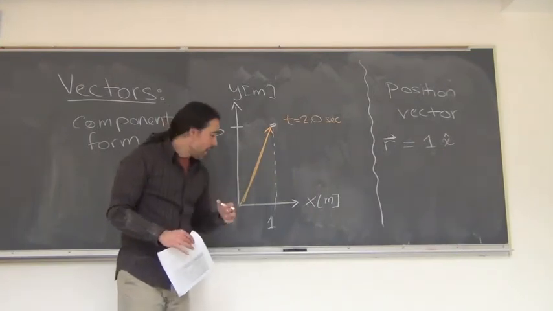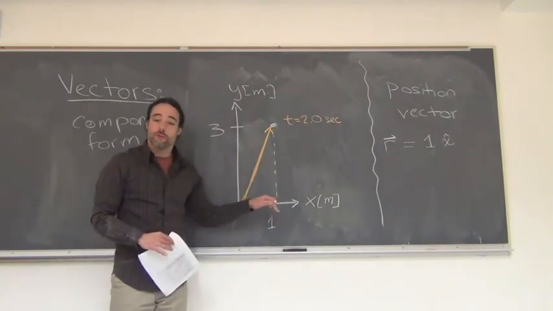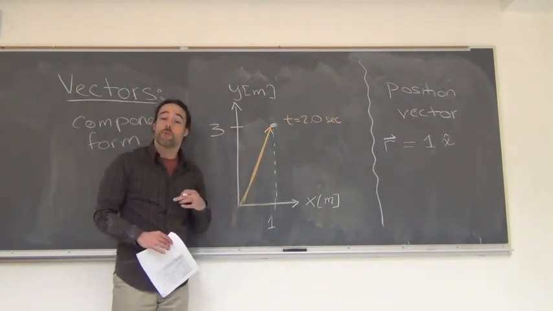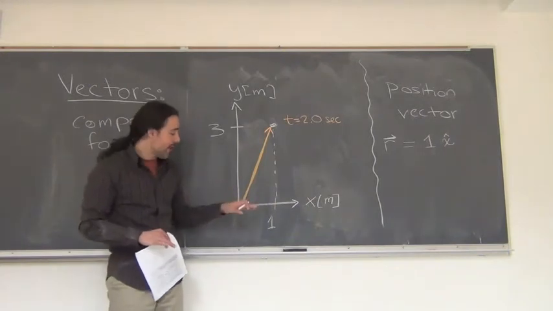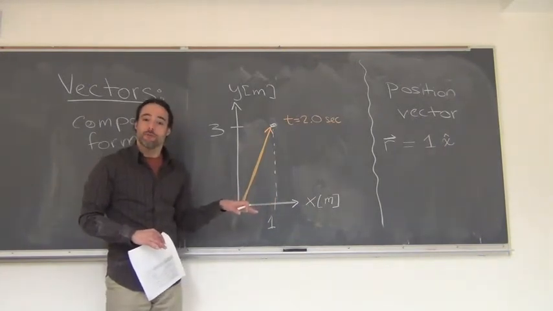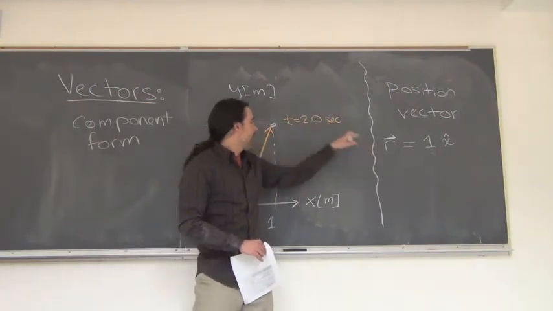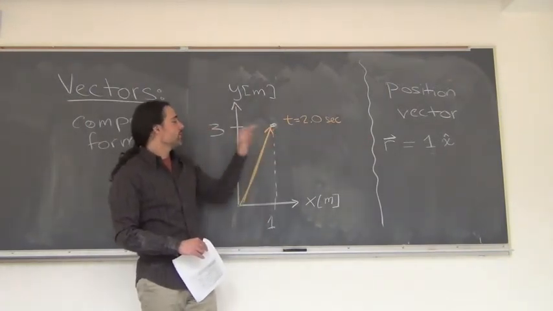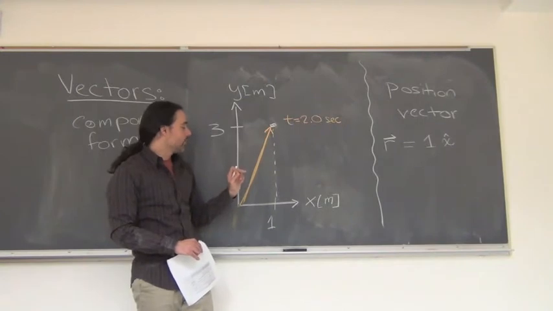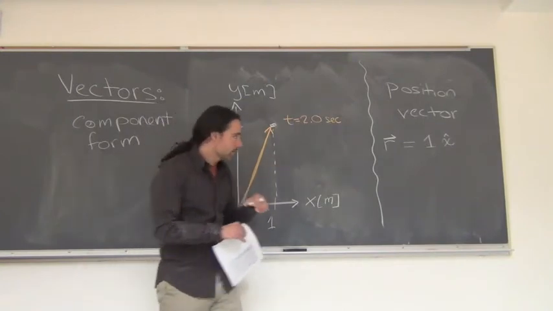What's a unit vector? A unit vector is just a vector that tells me the direction. It has a magnitude of 1. So its magnitude doesn't matter, but it tells me that we have to be moving in the x direction. So I can say my object, at 2 seconds, is at a distance 1 meter in the x direction.